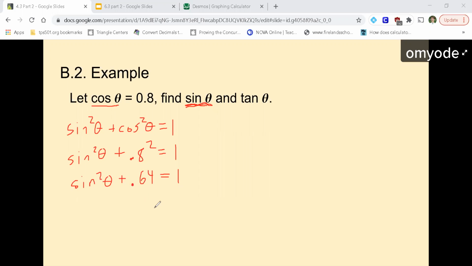So if I subtract 0.64 from both sides, I get 0.36. To get rid of the squared, I would square root, and the square root of 0.36 is 0.6.